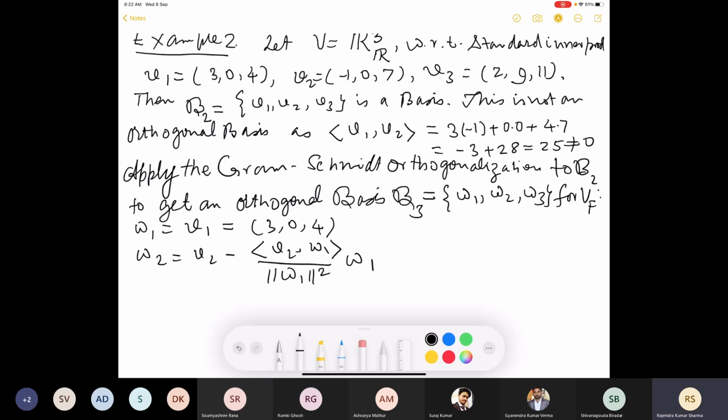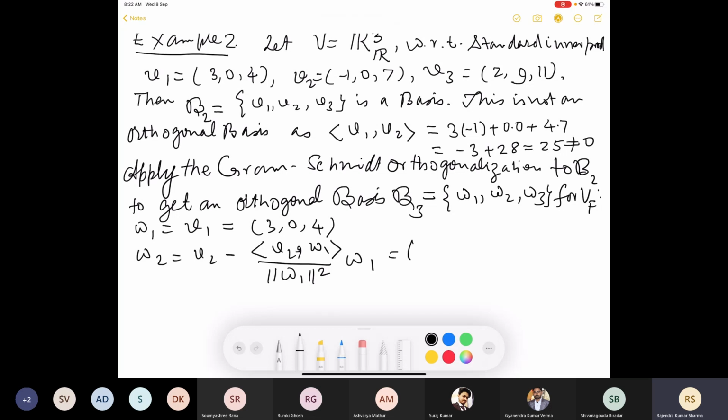Now you can check the inner product of V2 with W1 is 25. Just now we had seen this. V2 with W1 is the same as V2 with V1, which is the same as V1 with V2. So you can now substitute for V2.